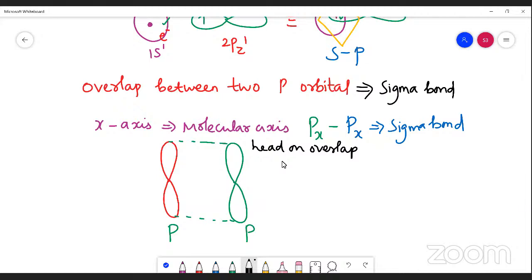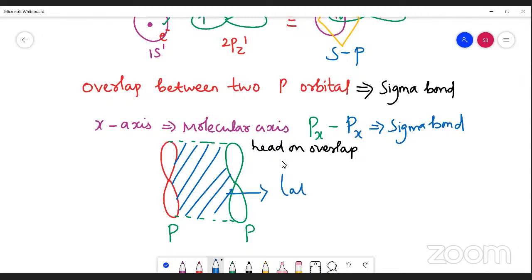In the same way, if two p orbitals overlap sidewise, this gives lateral overlapping.